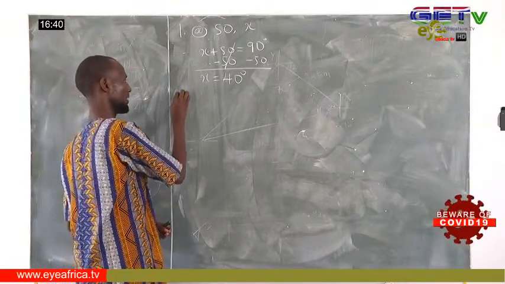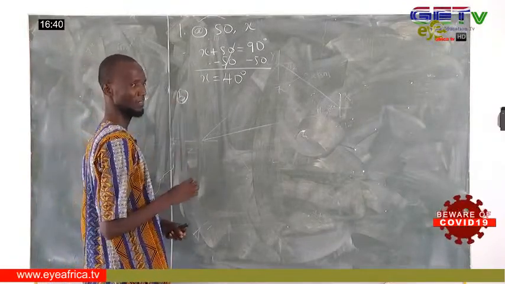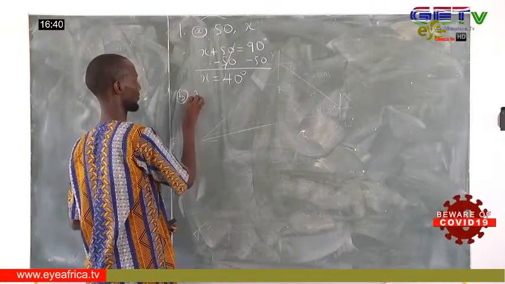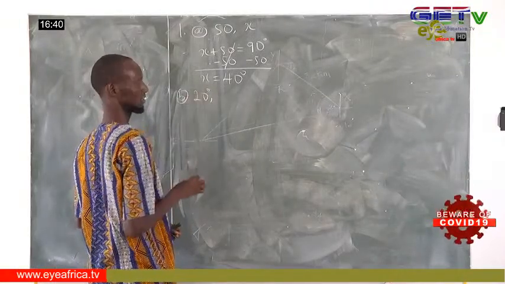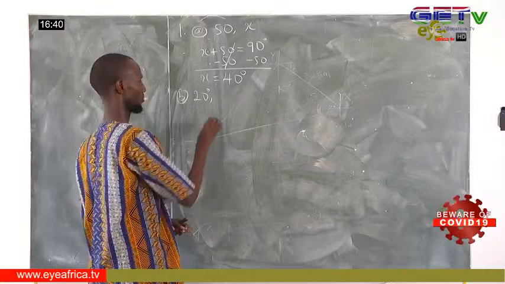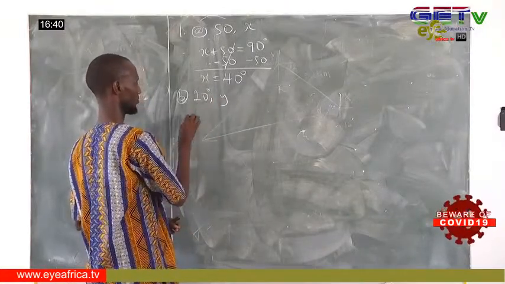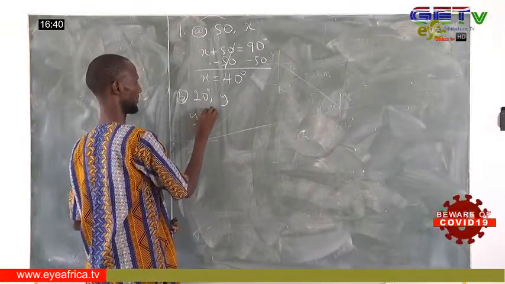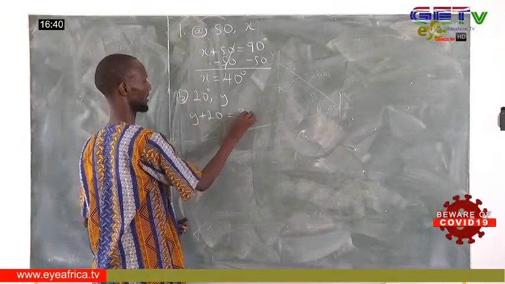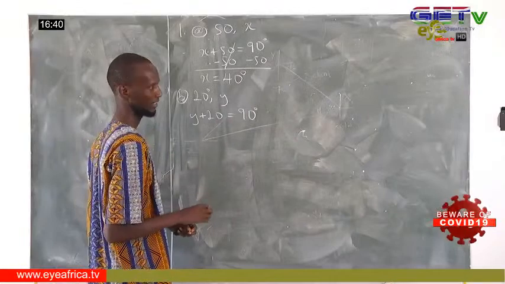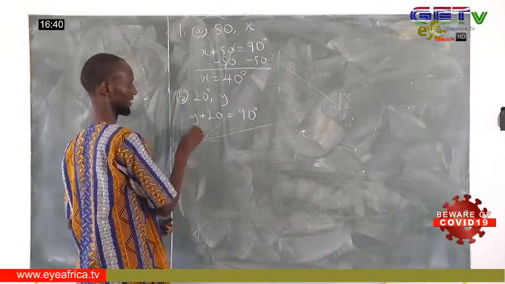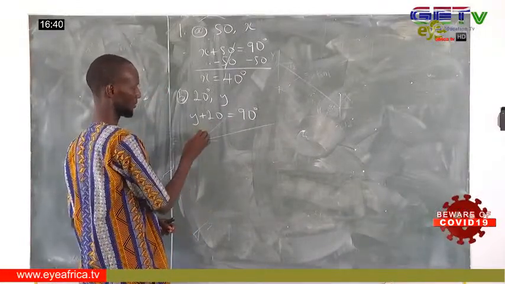You move on to B and do the same thing. This time you are given an angle of 20. The second angle is not given, so we assume it to be y. Again, they are complementary. So if you add them, you get 90 degrees. Then, again, solve this by undoing the 20.